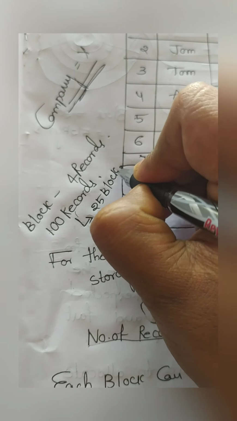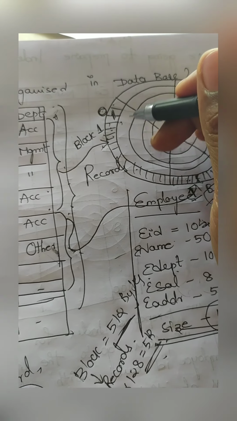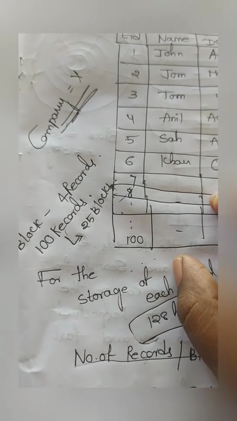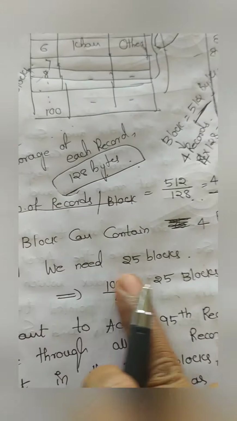So each block may store 4 records. For 100 records we need 25 blocks. So in the disk we need 25 blocks for storing all these 100 records.